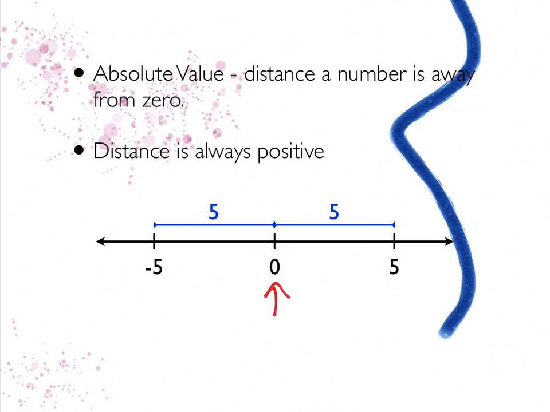If you take 1, 2, 3, 4, 5 steps, you're at negative 5, and then 1, 2, 3, 4, 5 steps, you'll be at positive 5. You have a difference of 5. Either one of these values works: the absolute value of negative 5 is 5, and the absolute value of positive 5 is 5. So we're going to have to check here in the end, because there are probably two different answers for our variables.